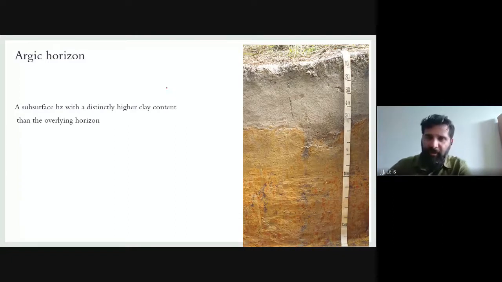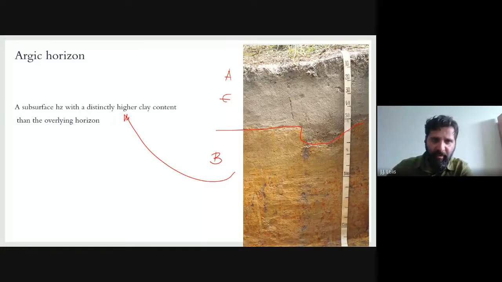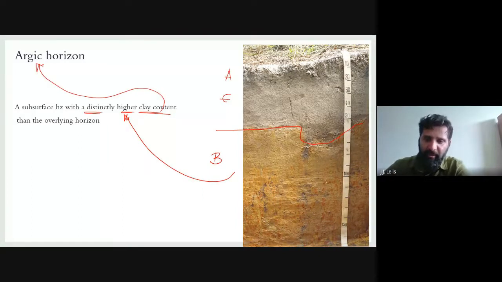The A and E horizons present a very much lower content of clay in comparison to the B horizon. So the B horizon presents a distinctly higher clay content. Okay, this is the argillic horizon.